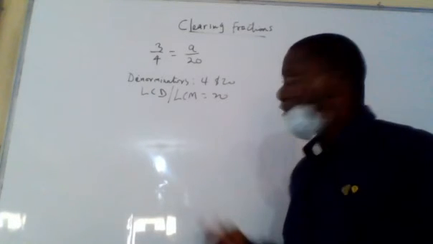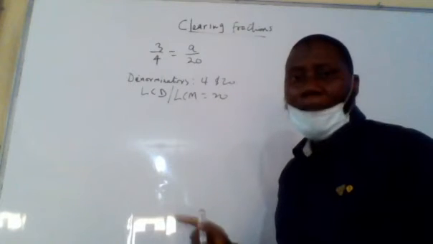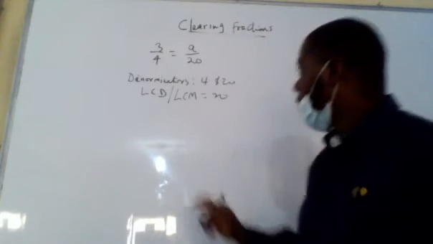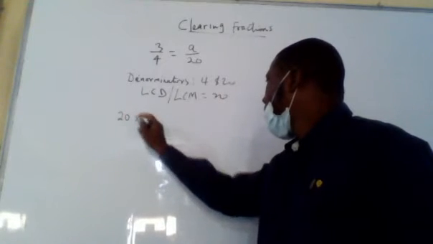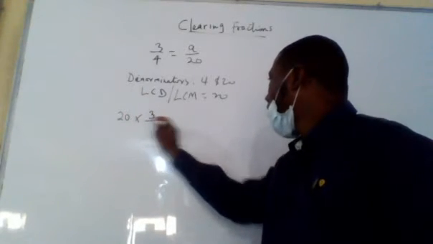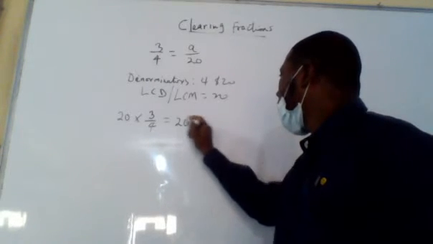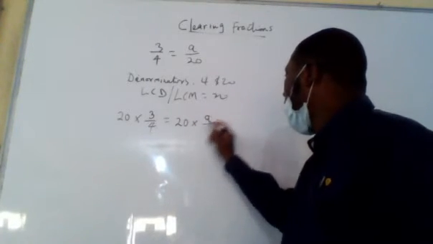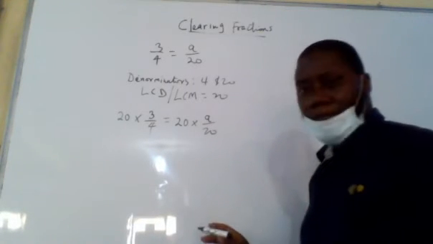So the next step is now to multiply each of these terms by the LCD. So how do we do that? That will be 20 times 3 over 4 equals 20 times a over 20. Okay, this is the next step.